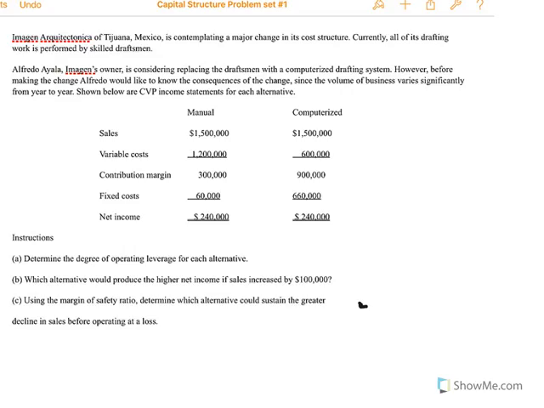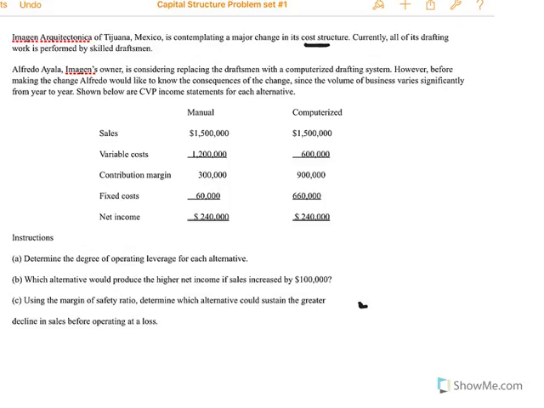The second problem. Imogene Arquitectura of Tijuana, Mexico, is contemplating a major change in its cost structure. Currently, all its work is being performed by skilled craftsmen, so it's labor intensive. The owner is considering replacing the craftsmen with a computerized drafting system.